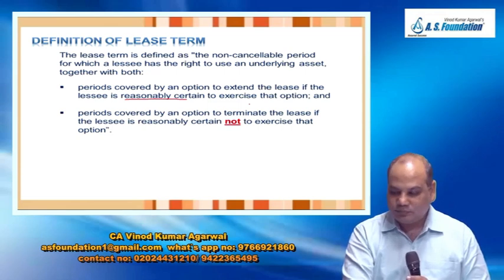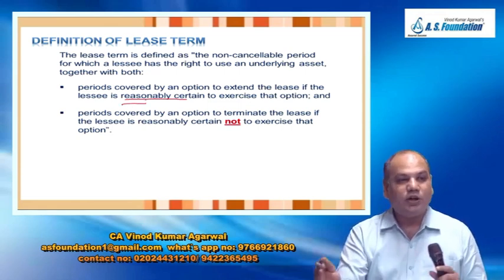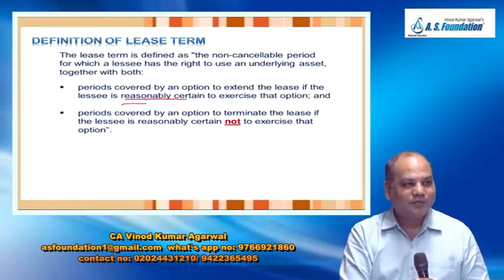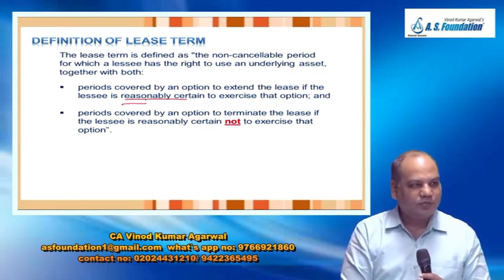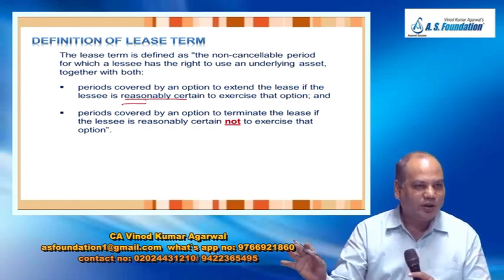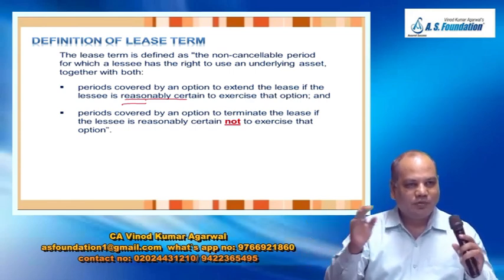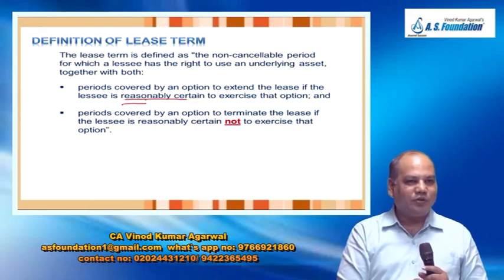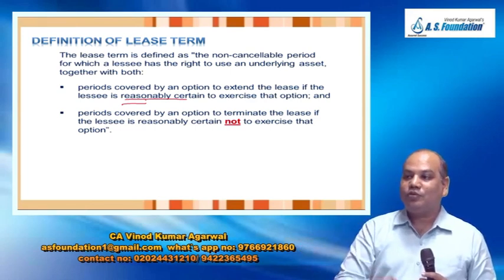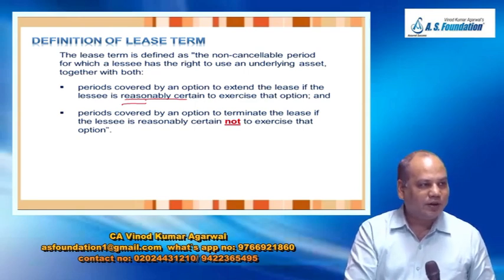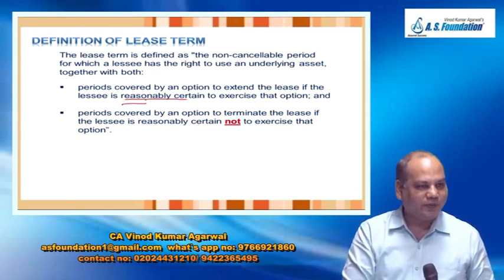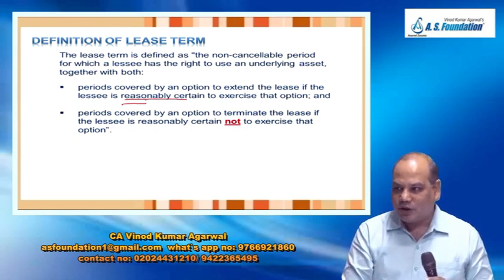Is it right? Or you may have done some lease improvement in that asset. What is lease improvement? You have got an office, but it was empty. Then you have done some interior work, painting work, and installed furniture and fixtures, and you have an option to extend it for 5 more years. So you would normally like to extend it, because otherwise you have to dismantle everything, and then it does not have any value.